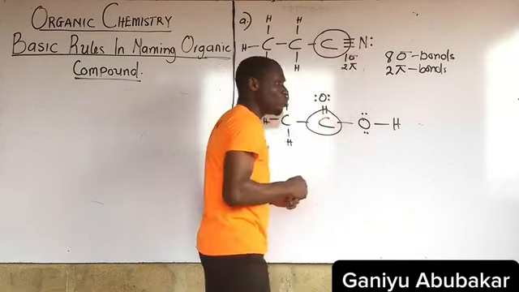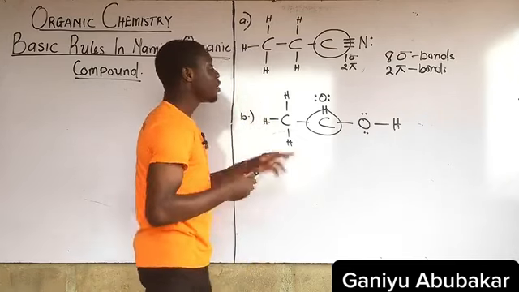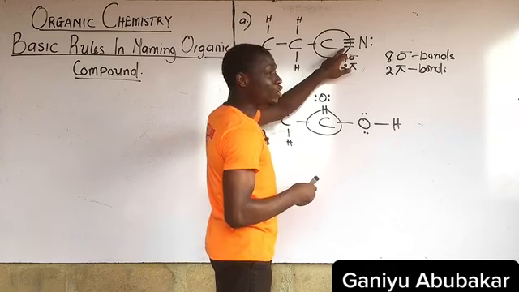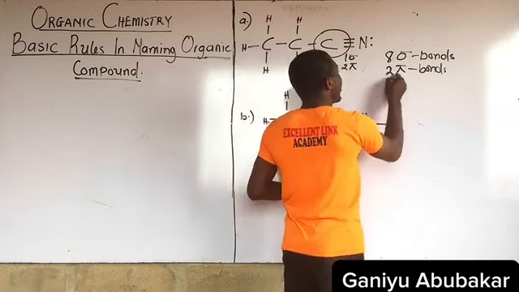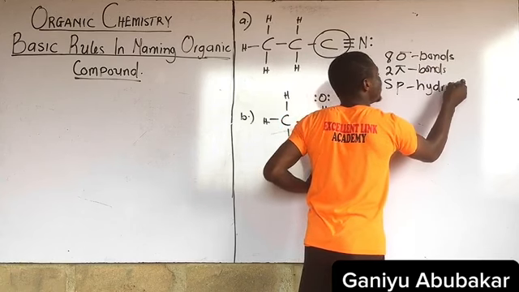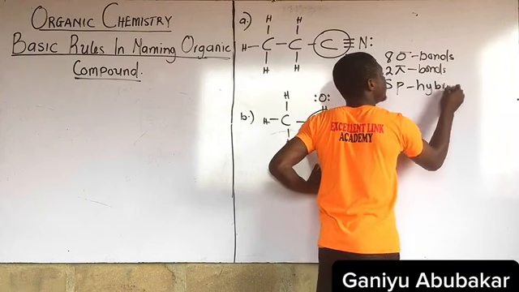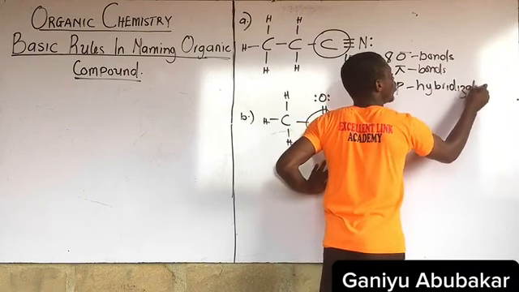For a triple bond, what's the hybridization pattern? A triple bond is an alkyne, so this is sp hybridization.